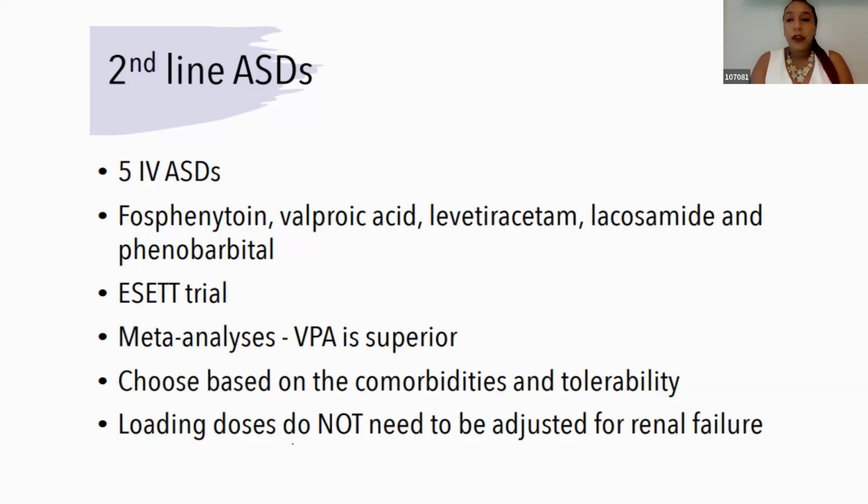And if I know a patient already has PR interval prolongation or cardiac arrhythmia, Vimpat or lacosamide wouldn't be the medication I go for. So know your patients, know their comorbidities, and give medication based on those criteria, because they all work well as long as they're given early.